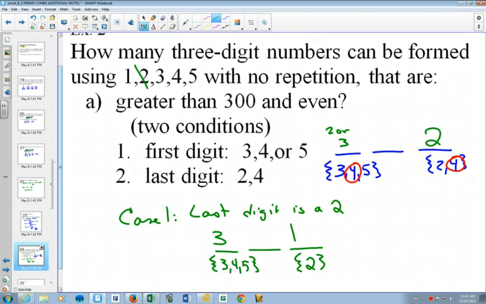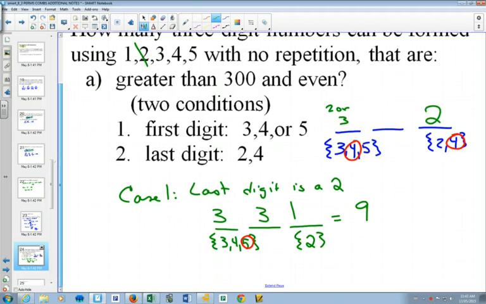How many choices are left for my middle digit? There's still 3 left, because just because there's 3, 4, or 5 here means you only use up 1 of them. Say you pick the 5. The 3 and the 4 can still go back into the middle and be counted there along with the 1 that's left. So there would be 3 choices left there. Multiply those together. There are 9 numbers that end with the digit 2.